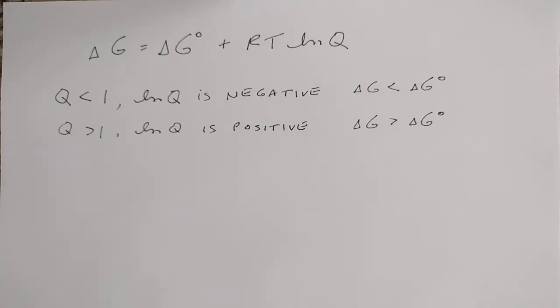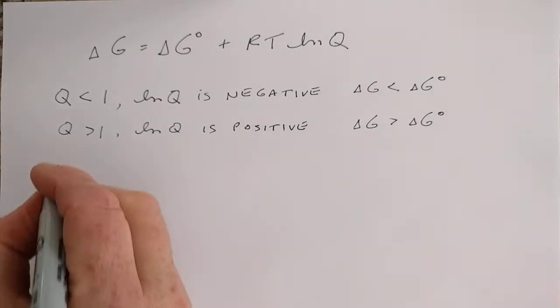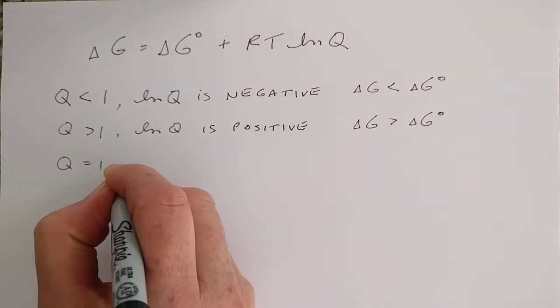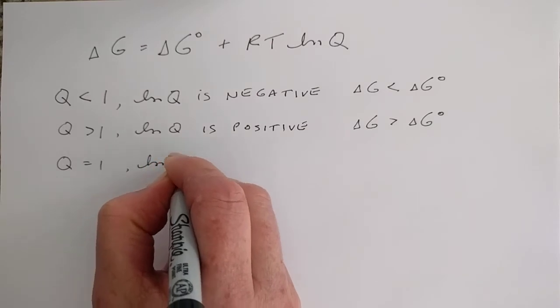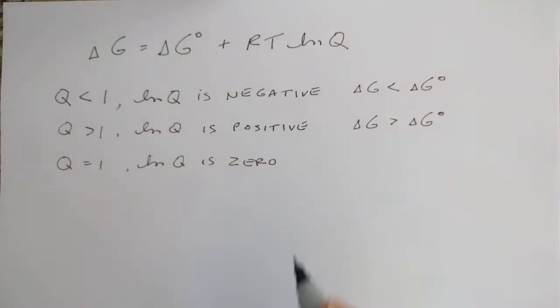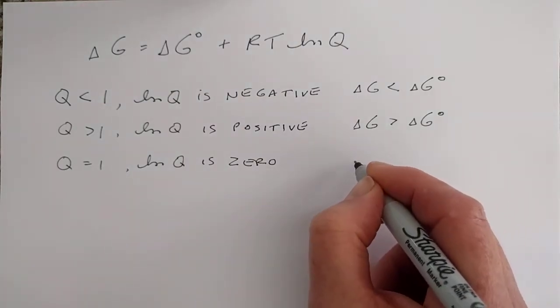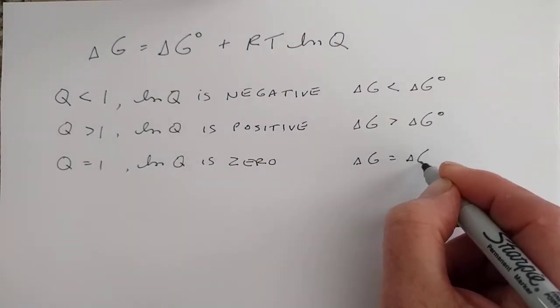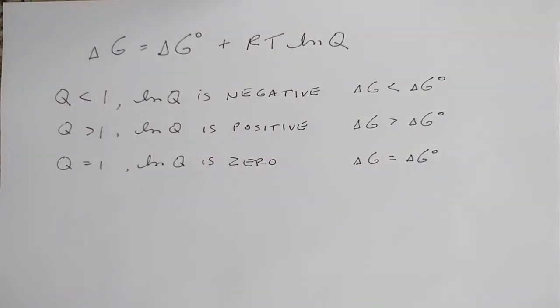So remember, the less positive you are, the more negative, the more spontaneous the reaction is at that point. All right, and then of course we have when our Q is equal to 1, well, then the ln of Q is 0. The ln of 1 is 0. And that means that our delta G is equal to our delta G zero. So that means that we are in our standard state.